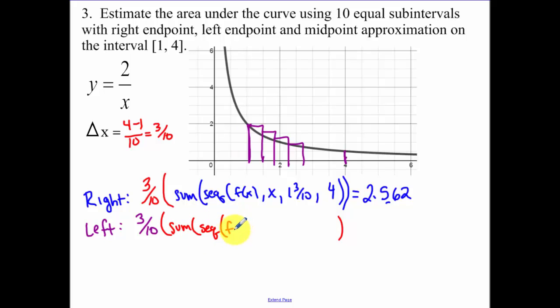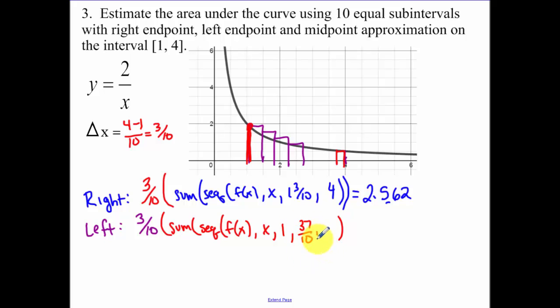Again, you type in the function. You type in your variable x. Where did I start? The first function value I want to add together is 1. The last one, your last rectangle, is going to be 4 minus 3/10, so that's going to be 37/10.